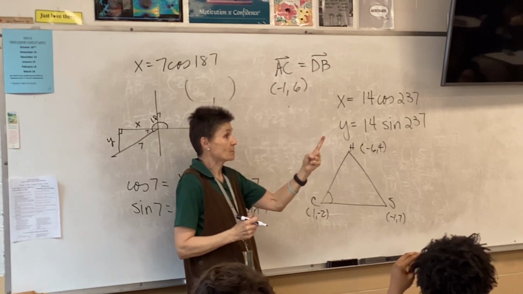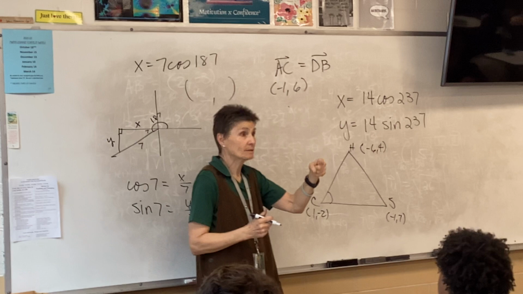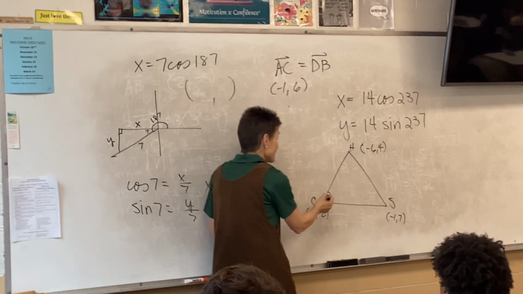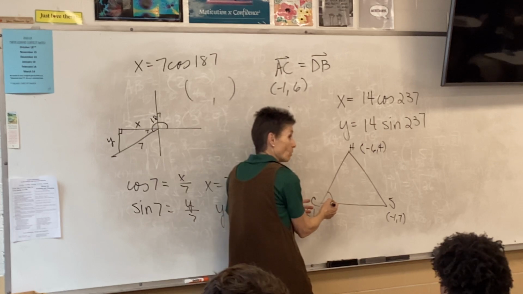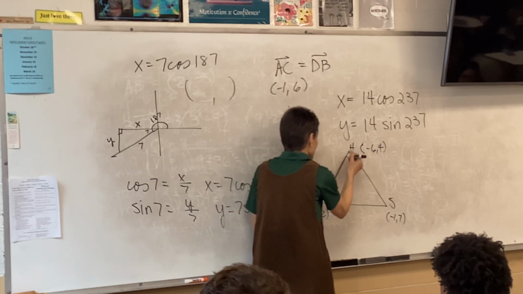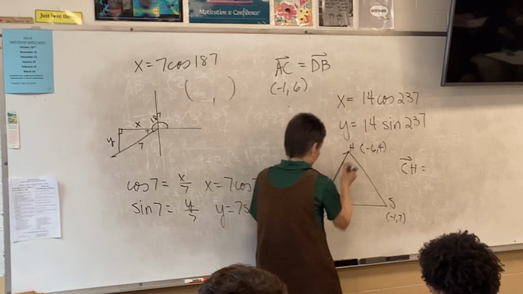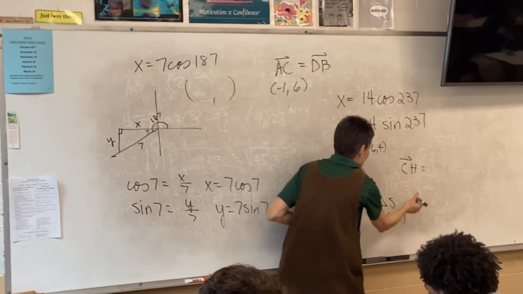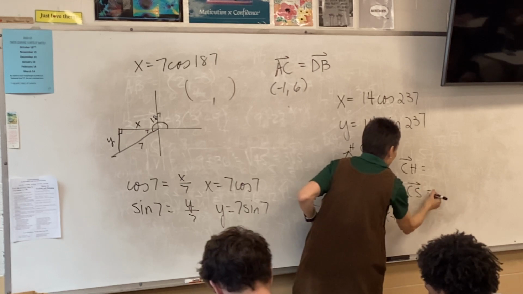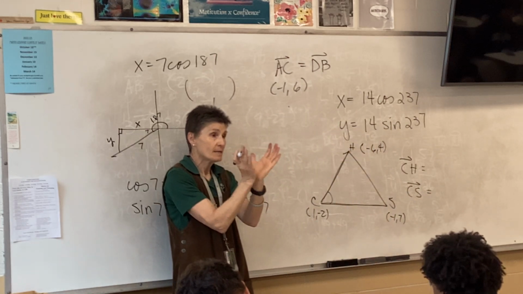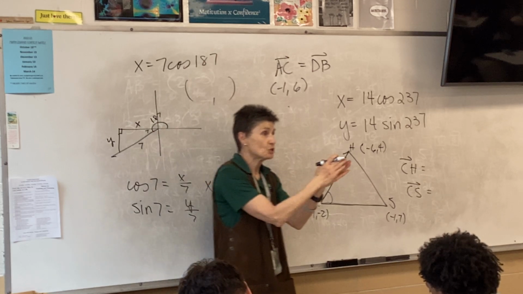So the first thing you've got to do is build the vectors that you want to dot. And since this is the angle you're looking for, the vectors you're going to build are vector CH and vector CS. Those are the 2 vectors that are creating angle C. Back to geometry.